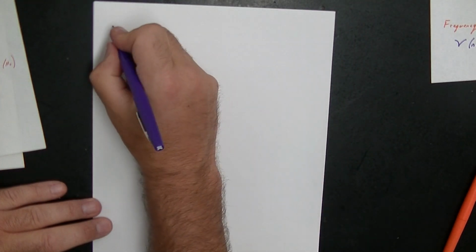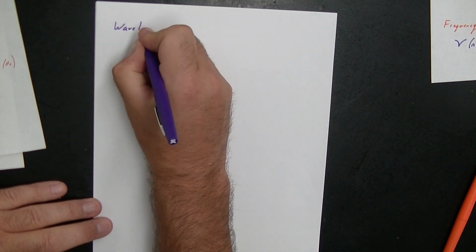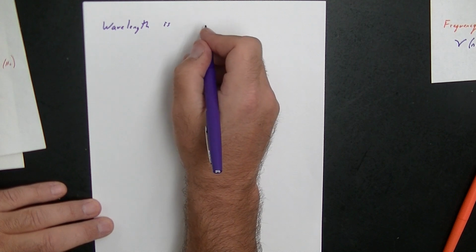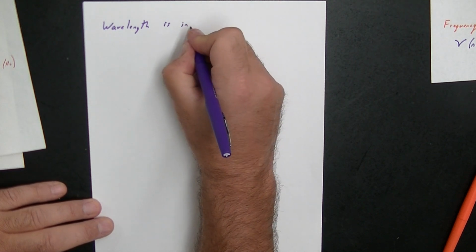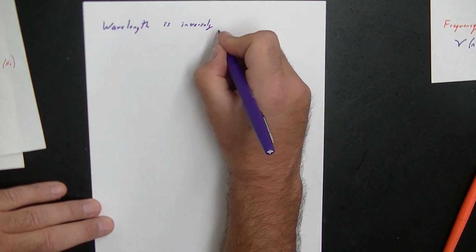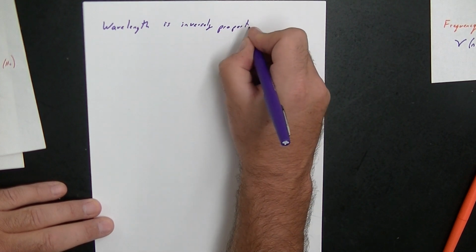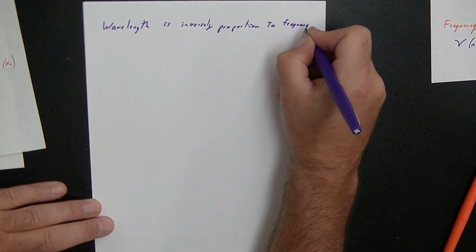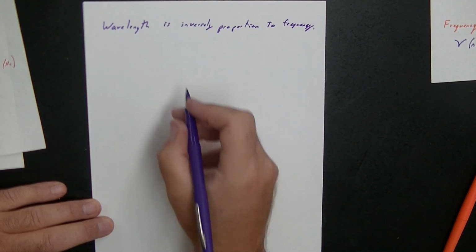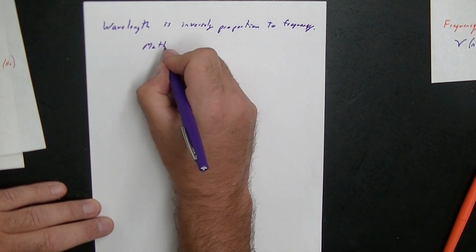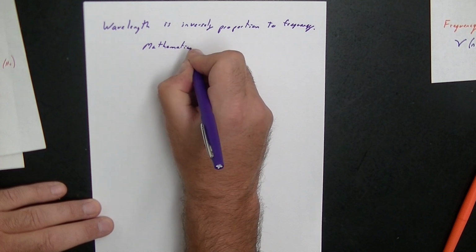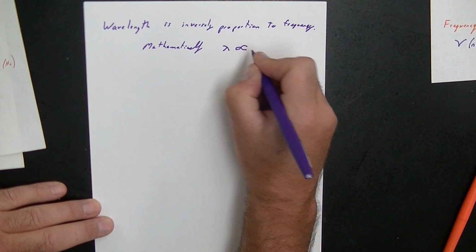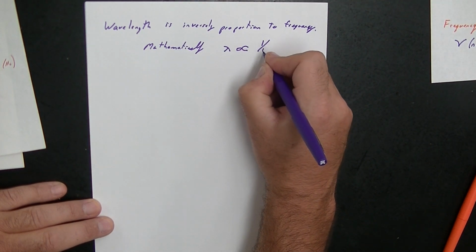All right, so our wavelength is inversely proportional to frequency. So mathematically, wavelength is inversely proportional to frequency.